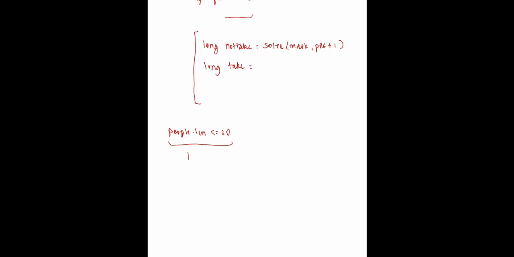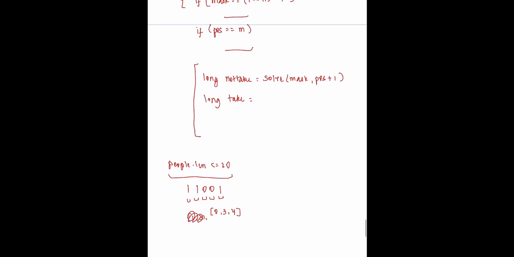So something like 11001 would mean I chose the person in position 0, skipped positions 1 and 2, and chose 3 and 4. The answer would be 0, 3, and 4. This is why I'm choosing the return value to be long.